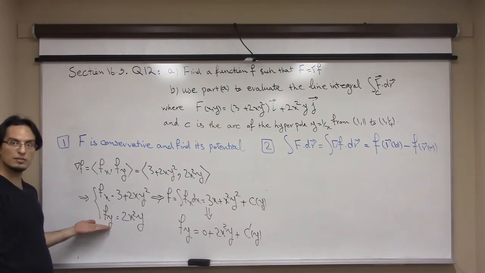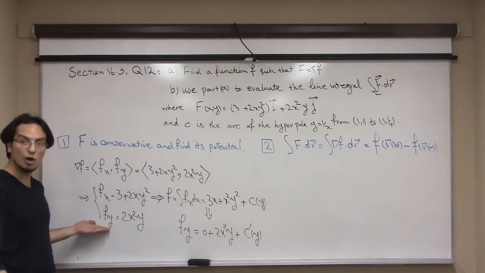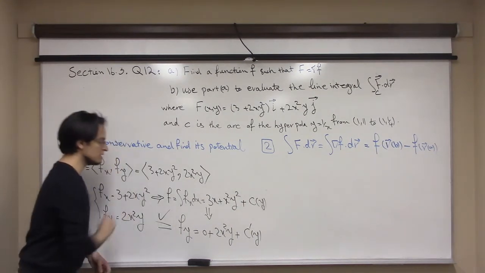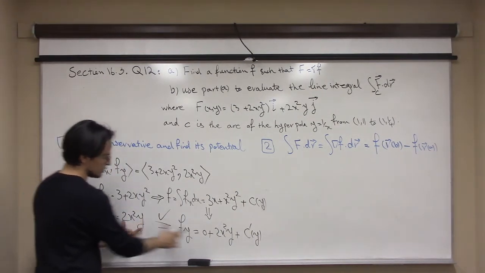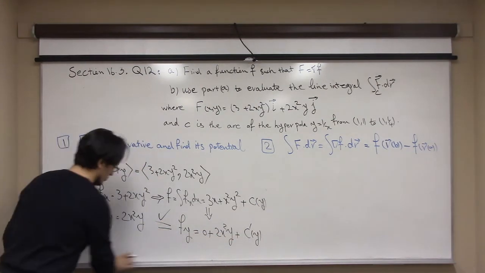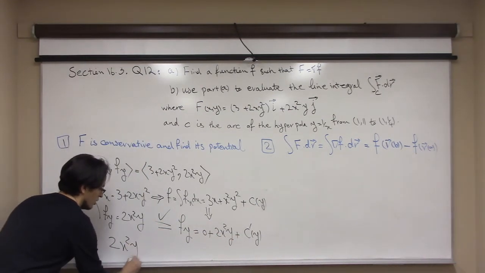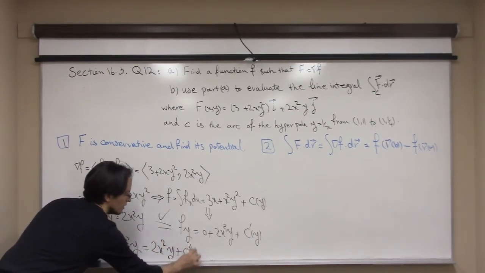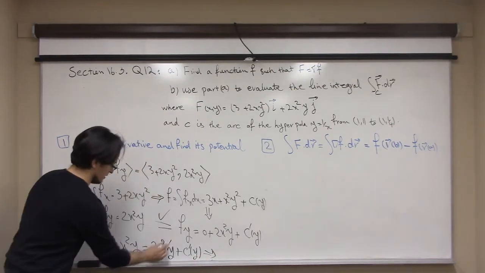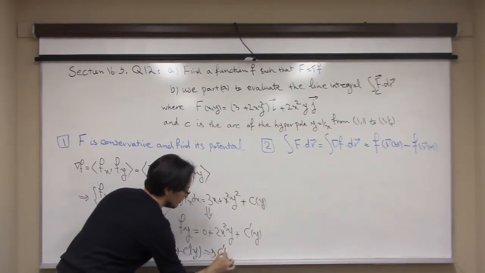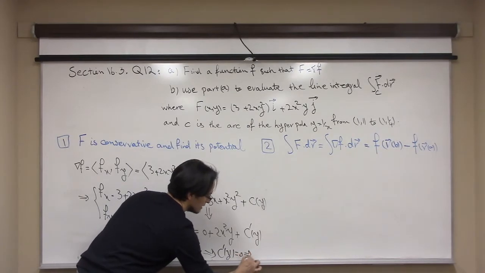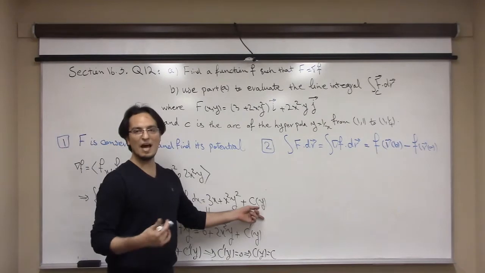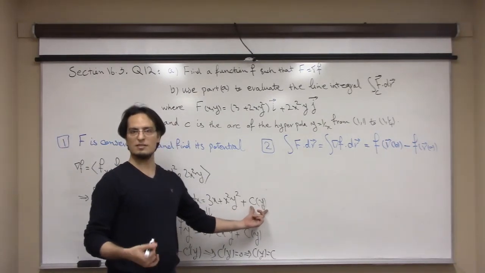Now I go back to my original condition, and I see that I already have a candidate for fy, so these two should be equal. Setting them equal, 2x²y equals 2x²y plus c prime of y, so this cancels with that, and c prime of y is equal to 0. That means c of y is equal to a constant.